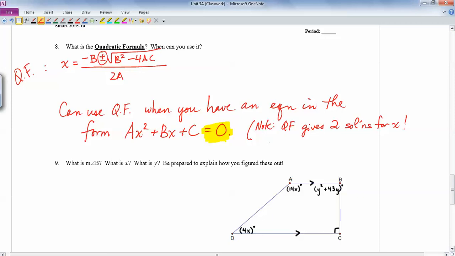But since it's a geometry class, oftentimes the x represents an angle or something you plug into an angle or into a side, and you can't have negative angles or negative sides. So you'll need to check each answer with the original info to see if it makes sense.